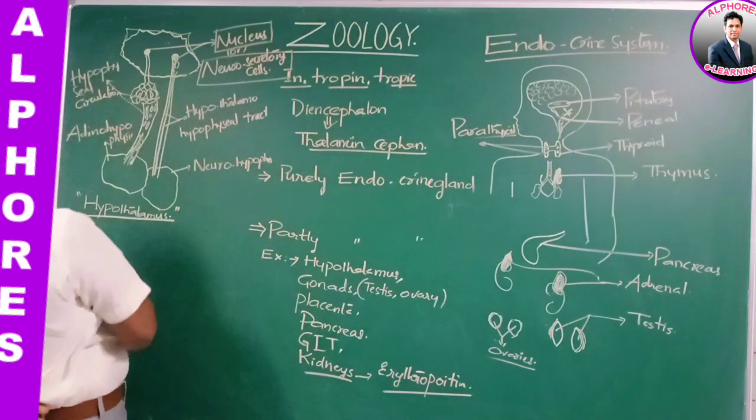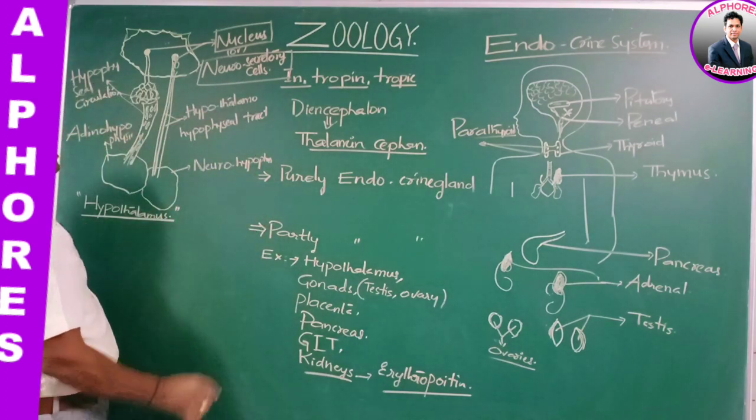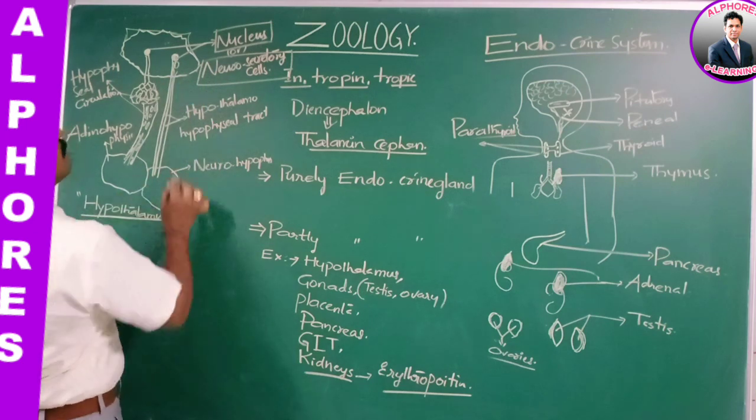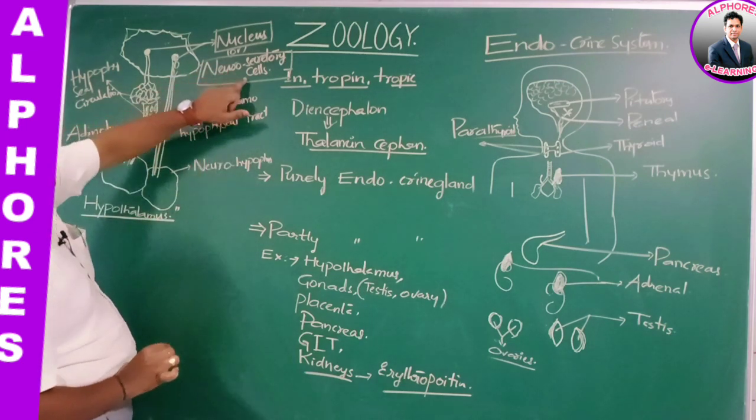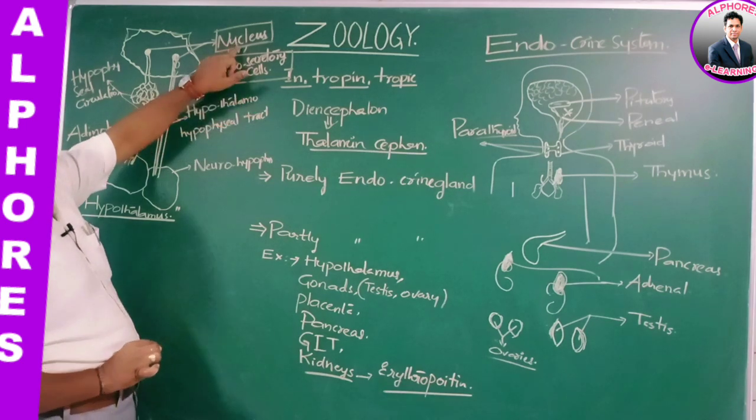Let's come to the discussion of the hypothalamus, which includes the hypothalamic cells, named the neurosecretory cells or nucleus.